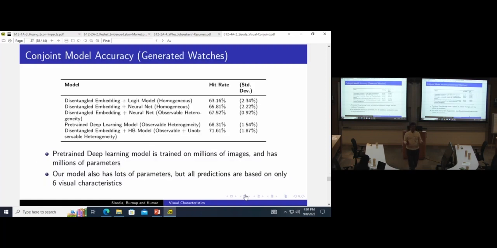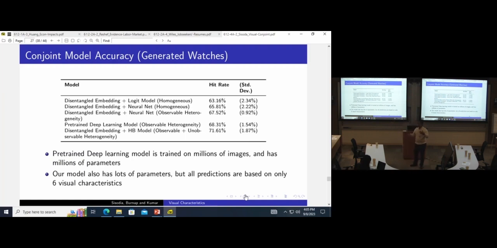Next, we also had a held out data set, and we wanted to predict consumer choices using our disentangled embedding and compare it with a pre-trained deep learning model which takes the images as input. We saw that our embedding, even with a fairly non-sophisticated model at the back end, like a simple hierarchical Bayesian model, was able to perform really well, and it was actually outperforming the pre-trained deep learning model.